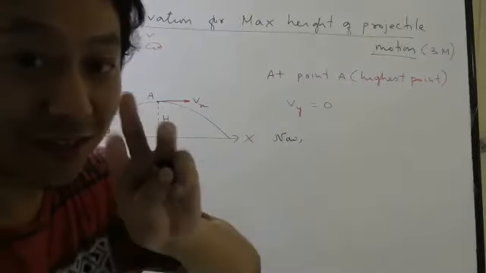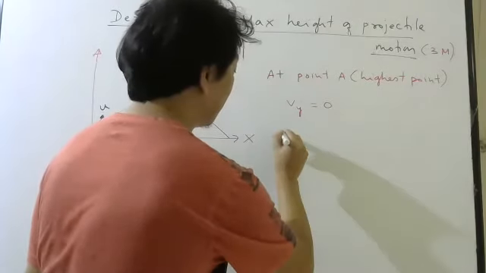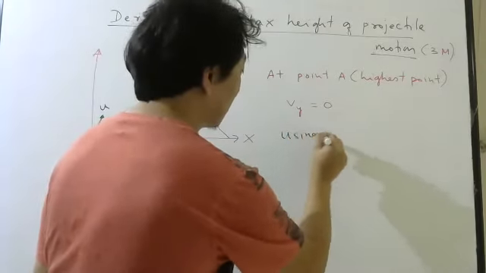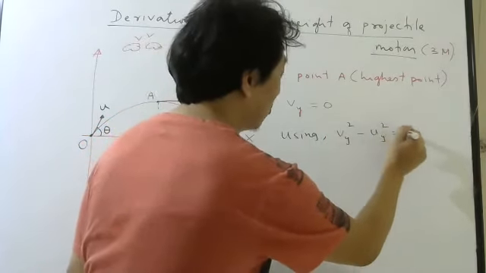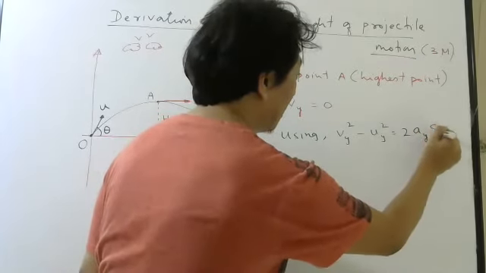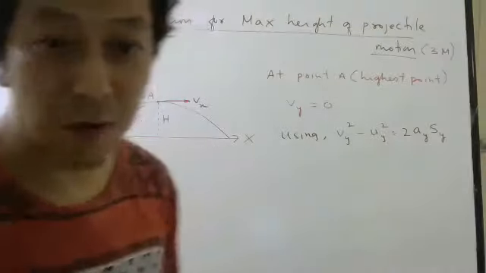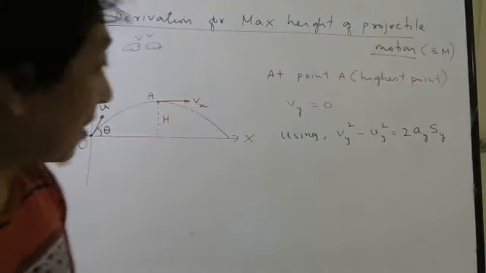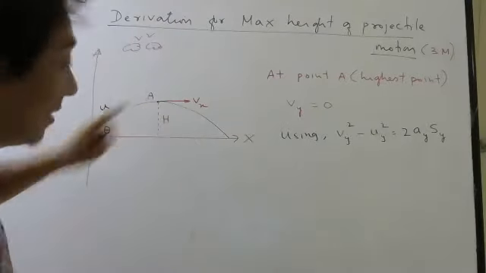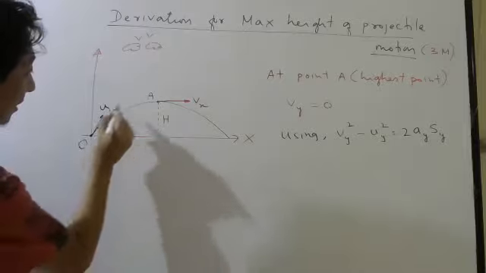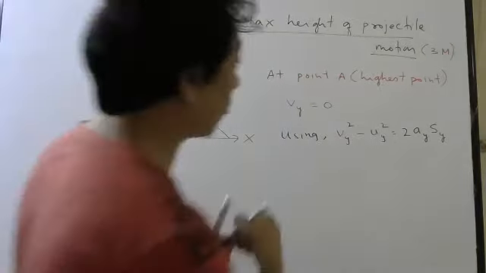So we will use the third formula: Vy square minus Uy square equals 2 Ay Sy. This formula. Why am I using this formula? Because I know what Vy will be at this point. Right? Now, look carefully. When the particle reached here, by the way, students, can I replace this by y?